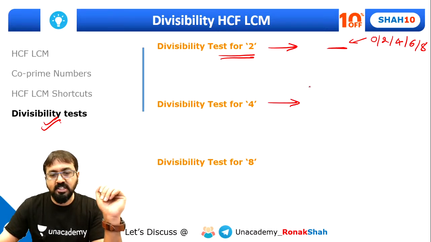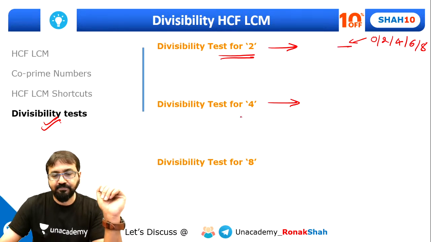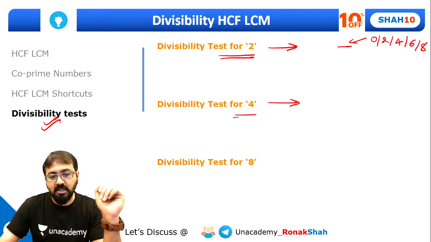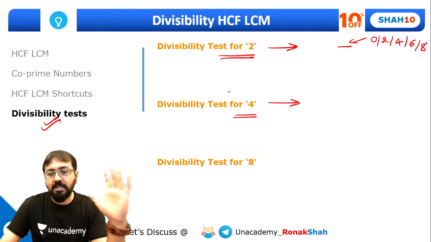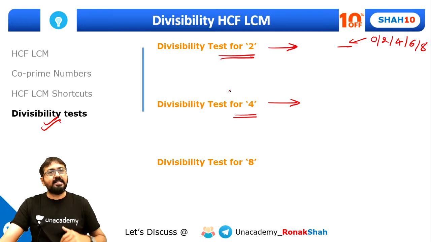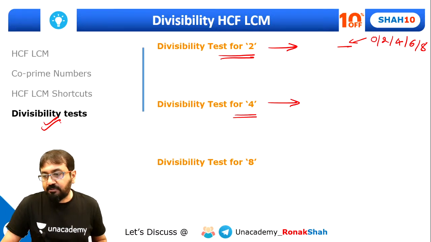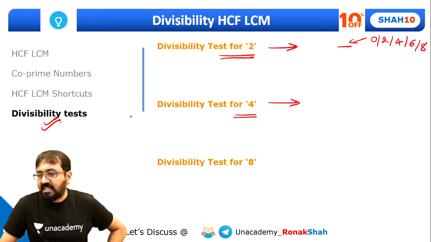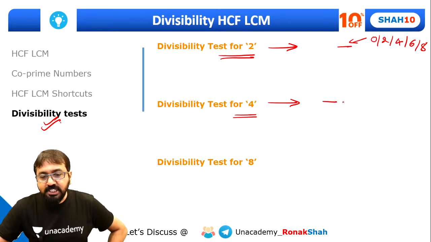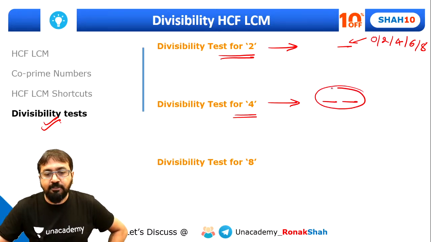What about 4? What's the divisibility test for 4? How do you check whether a number is divisible by 4 or not, guys? So we check whether the last digit is even. No, the last digit will not tell us. Yes, the last 2 digits of the number should be divisible by 4.